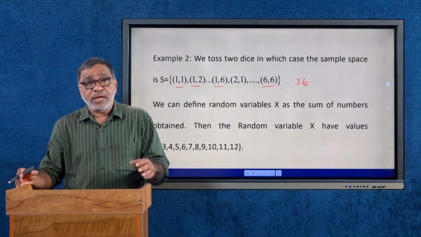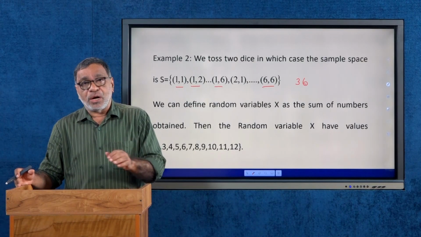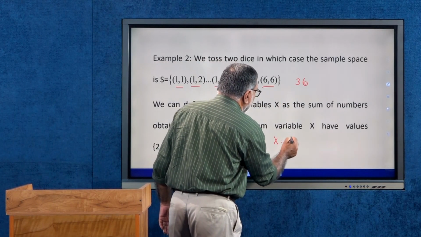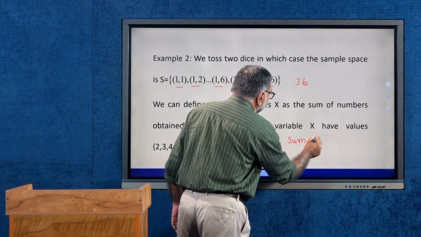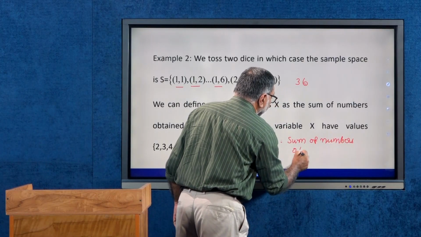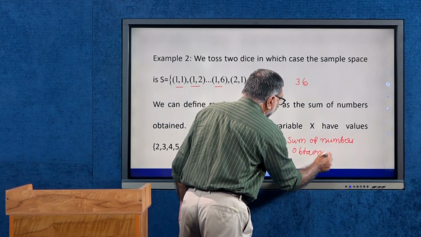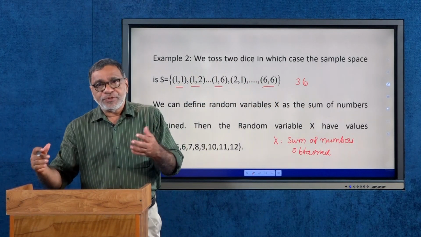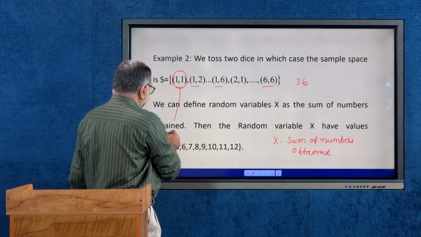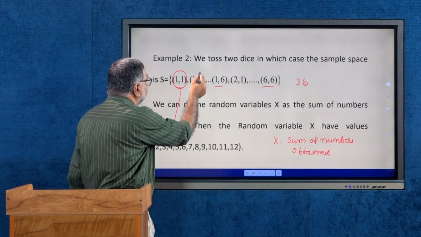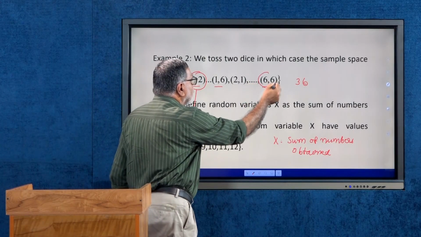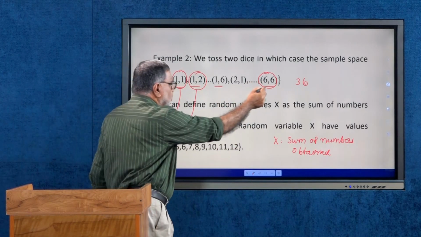Now, you can define a function X from S to R, and suppose X is defined as the sum of the numbers obtained. If (1,1) is the outcome, the sum is 2. If (1,2) is the outcome, the sum is 3, like this. Finally, if (6,6) is the outcome, the sum is 12.